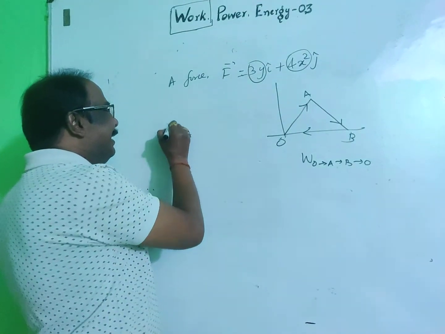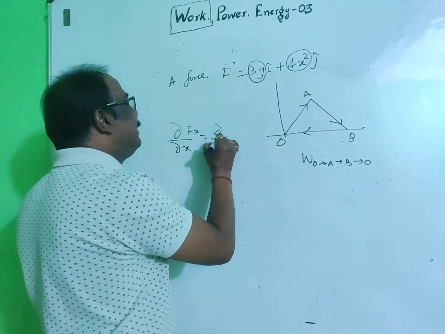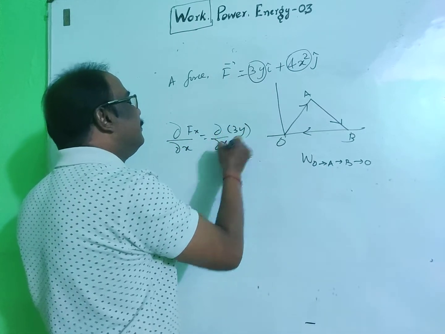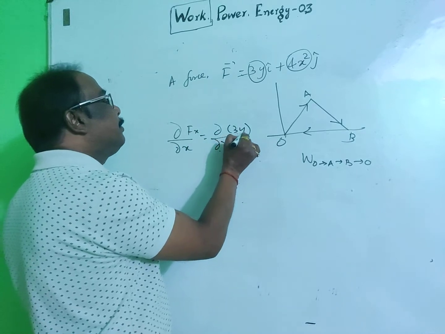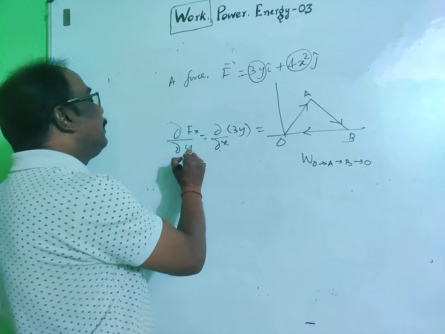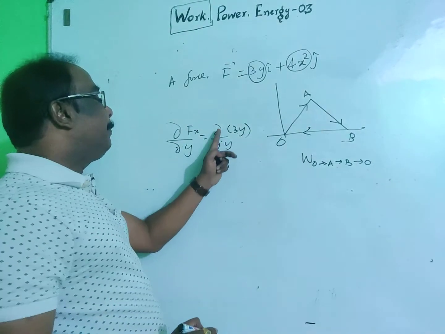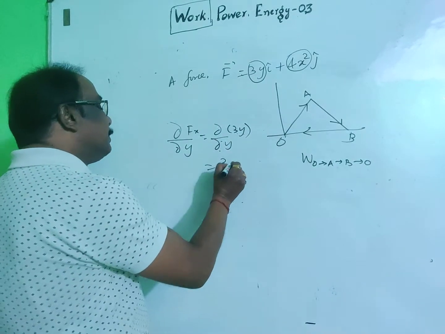Okay. dFx by dy, that's equal to d by dy of 3y. With respect to y, 3 is constant, and dy of y is 1, so this comes to 3.